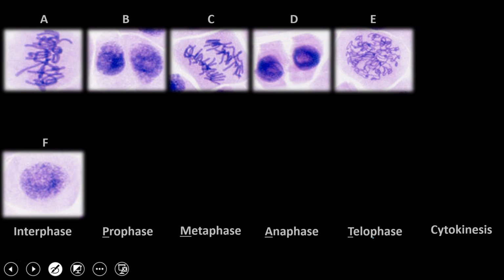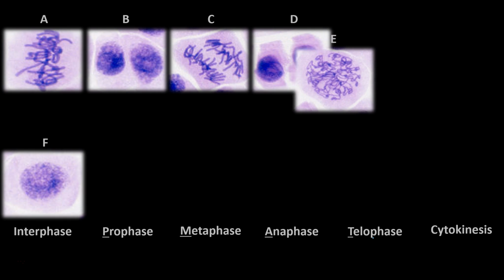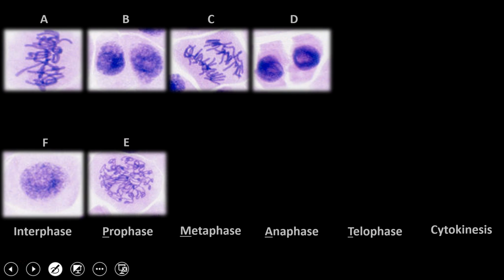Which cell would be prophase? Prophase would be letter E, because I'm starting to see those clear defined structures, those clear defined bodies. That chromatin is starting to condense and coil to form those chromosomes, okay? And we see that in this picture here.